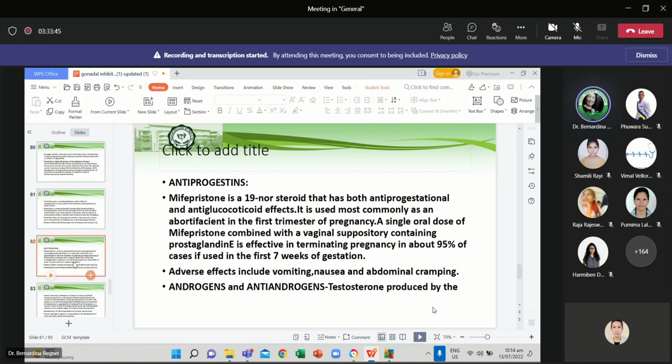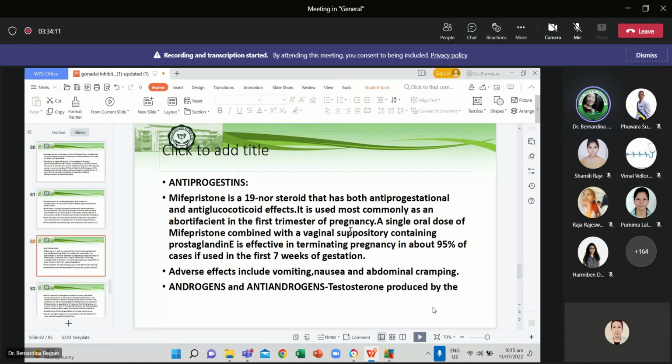Antiprogestins, you have one only: mifepristone. It has an antiprogestational and anti-glucocorticoid effect. It is most commonly used as an abortifacient in the first trimester of pregnancy.